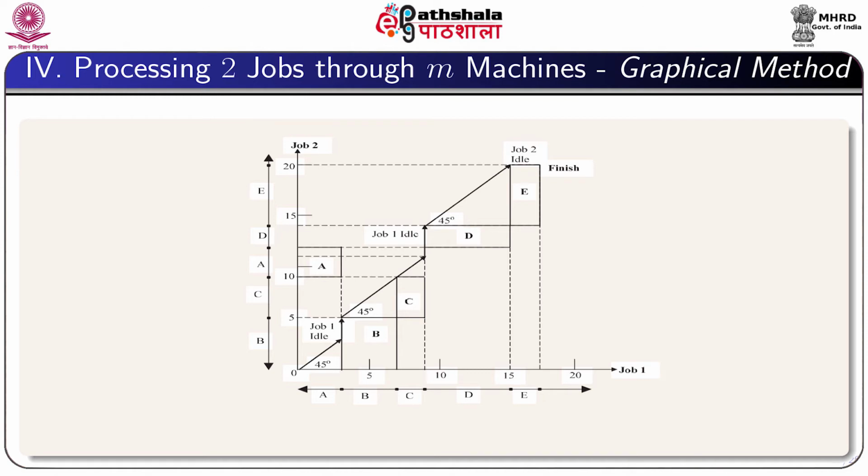In the figure, the horizontal line indicates the processing times for job 1, and on the horizontal line we mark the processing times according to the technological order of machines A, B, C, D and E. We mark on this line the processing times on machine A, machine B, machine C, machine D and machine E. Similarly, we mark on the vertical line which indicates the processing times of job 2, according to the sequence B, C, A, D and E. Then we draw the rectangular blocks by pairing the same machines.